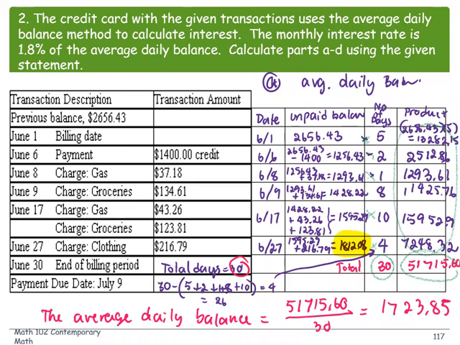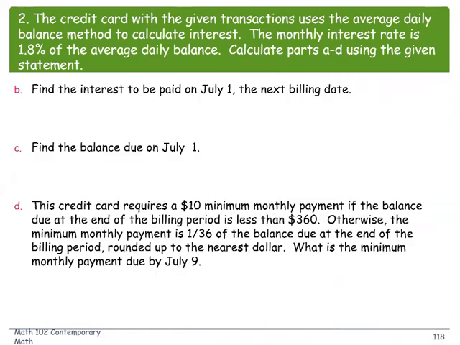We're going to come back to the number 1812.08. But the next step, we use the average daily balance to calculate the interest for this cycle.